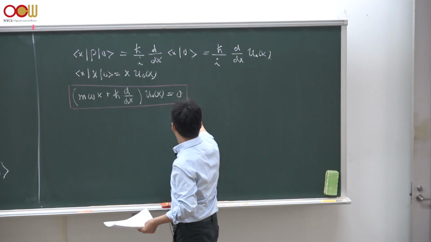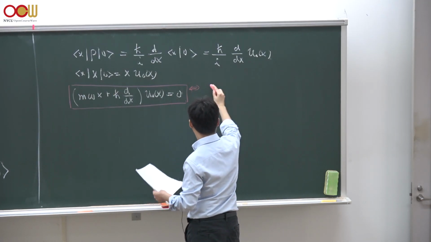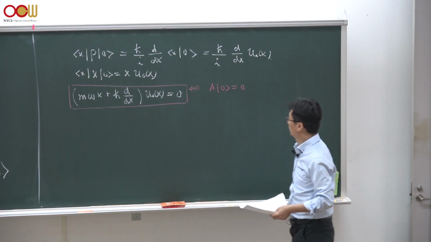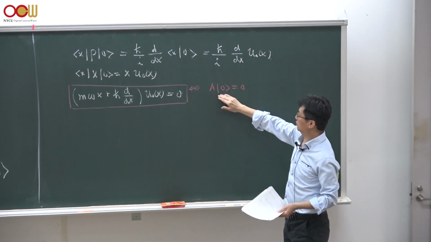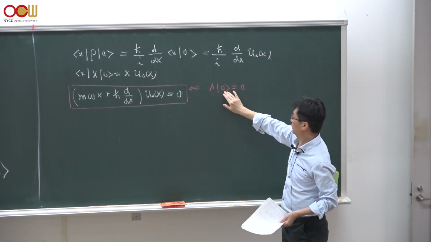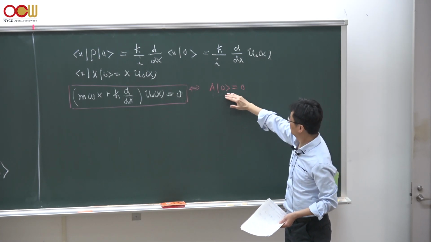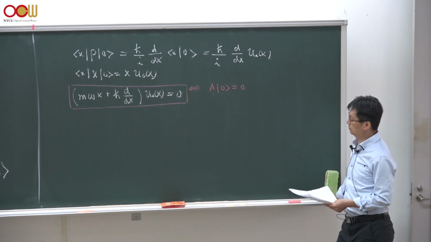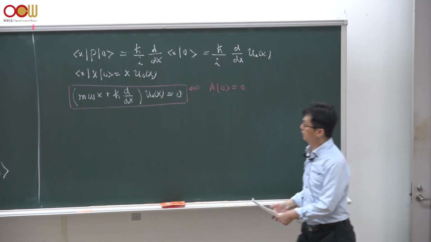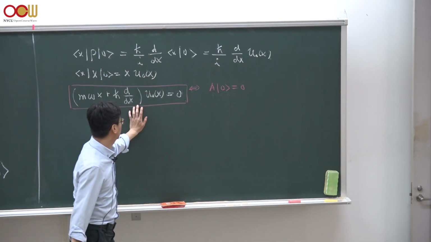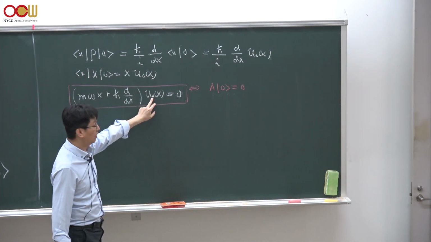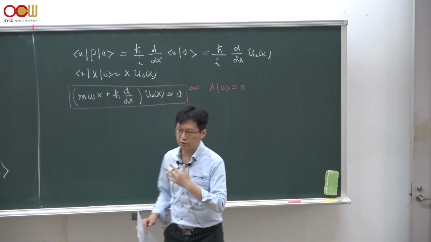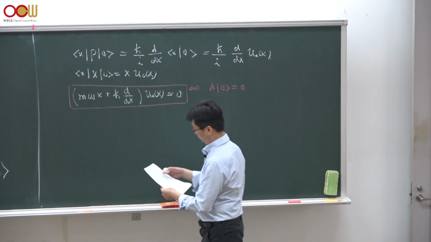This equation is identical to this statement right here, but we project it: the A operator acting on the state 0 vanishes, and this equation is the same as this equation, bounded by red. The advantage of this equation is that we could solve for u0(x), because this is nothing but a first order differential equation, which is easy to solve.